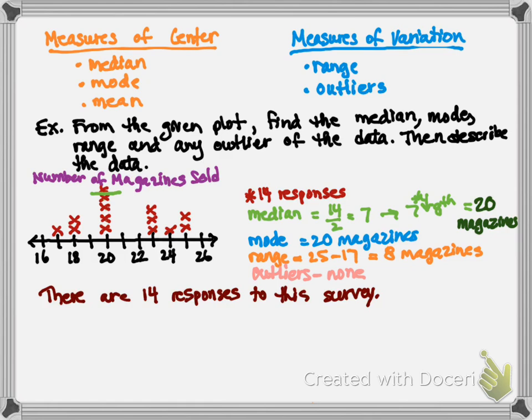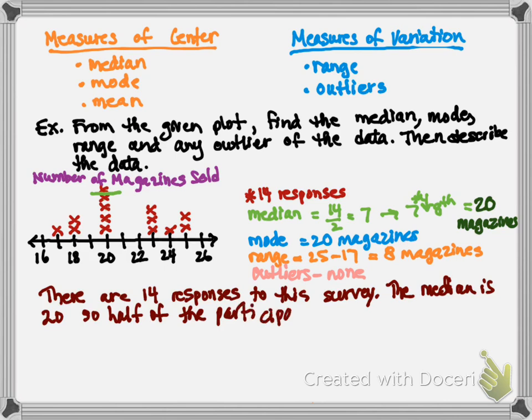Okay. The median is 20. And here's what that means. So, half of the participants sold more than 20 magazines.